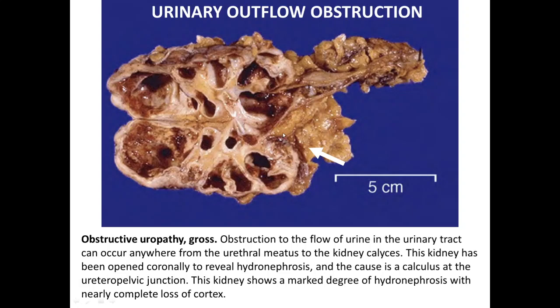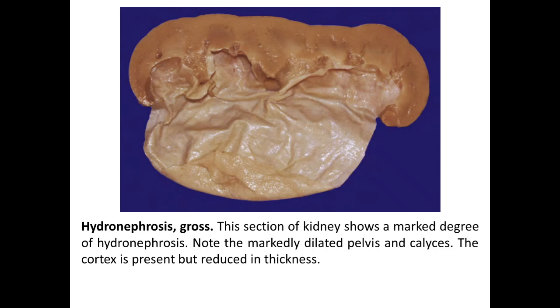And this kidney shows a marked degree of hydronephrosis with nearly complete loss of the cortex. Grossly, you can find on this picture a kidney with a marked degree of hydronephrosis: dilated pelvis and calyces, and the cortex is present but reduced in thickness.